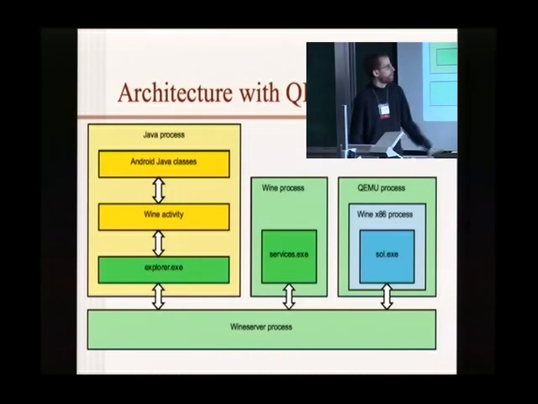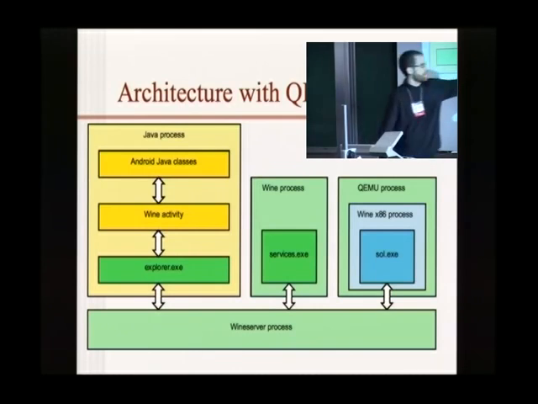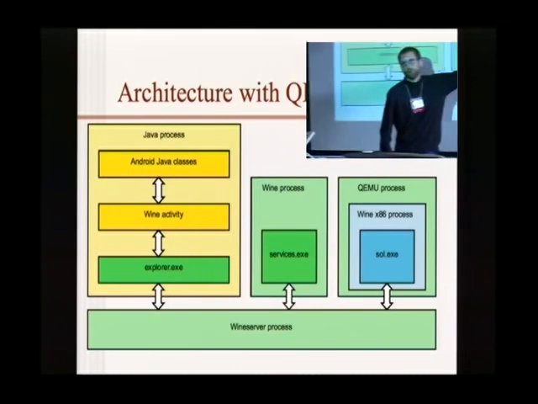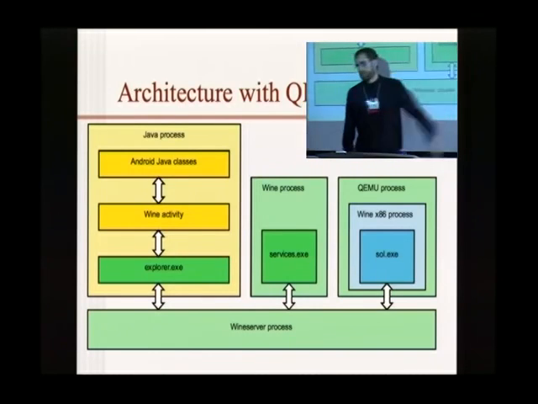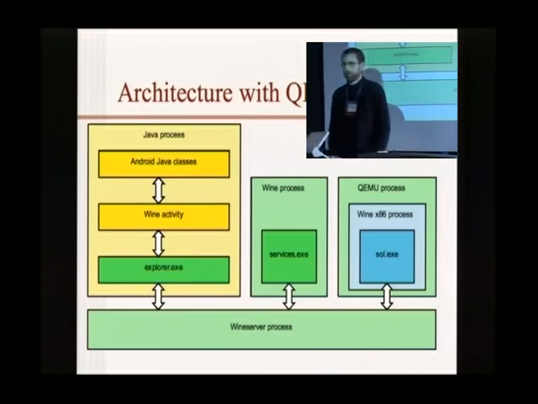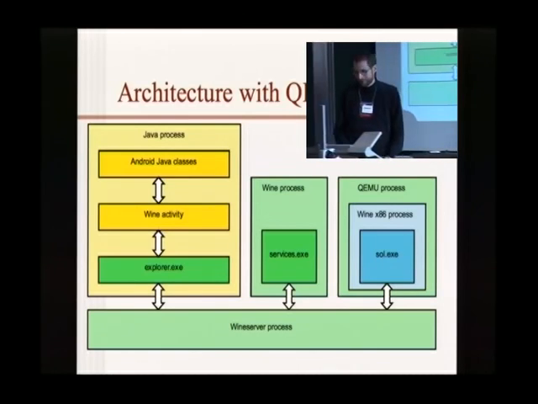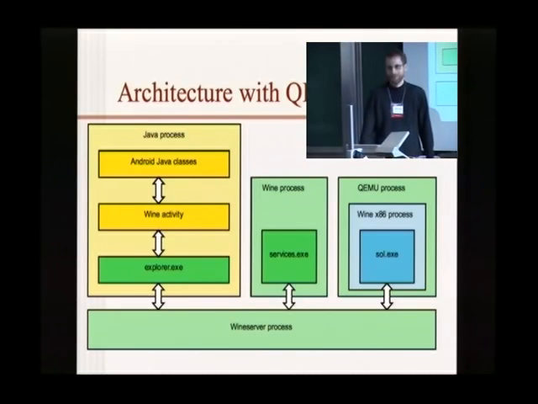Of course, the drawback with this approach is that because all of these are native binaries, you basically need two full versions of wine. You have the ARM version of wine for all these processes, and you have the x86 version of wine for this process. So it makes the package twice as big, which was already a problem with only one version.